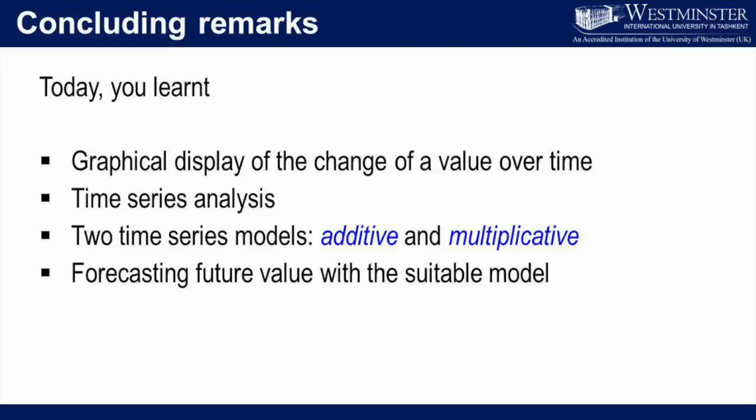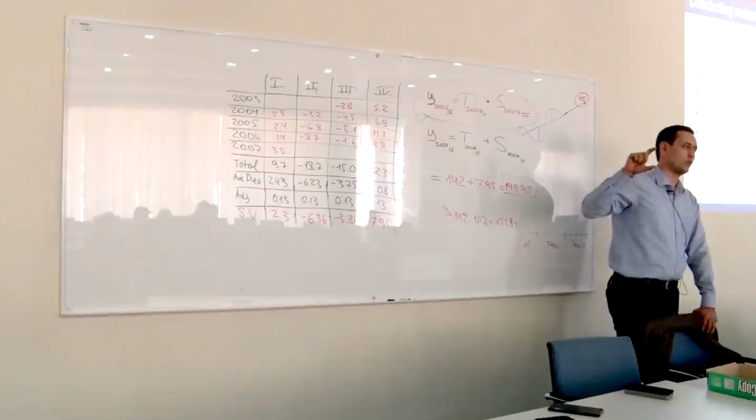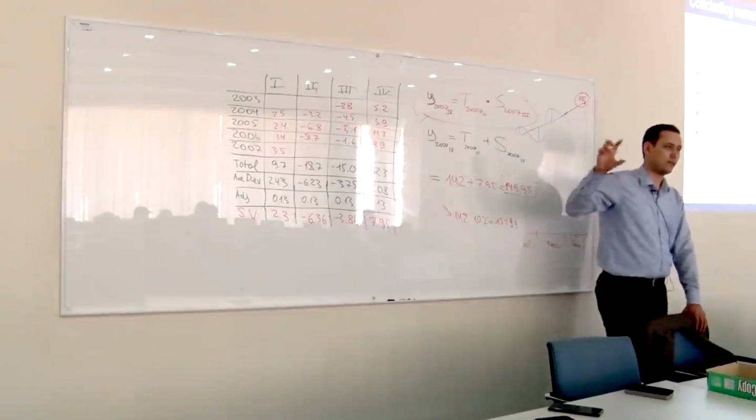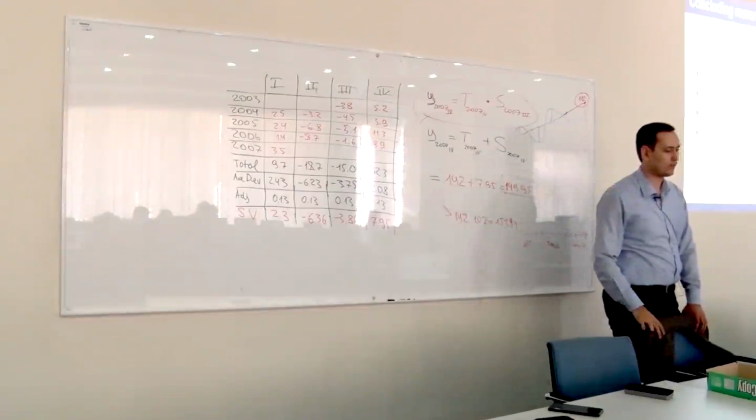So if the amplitude of the variation is increasing, then you better use which one? Multiplicative, or if it's the same, you better use the additive model. Okay.